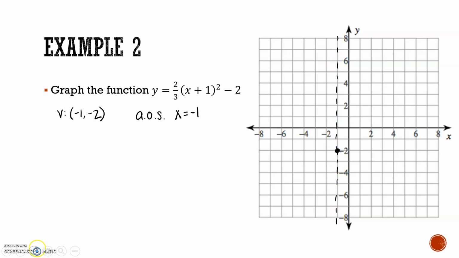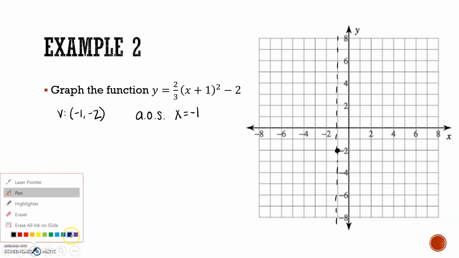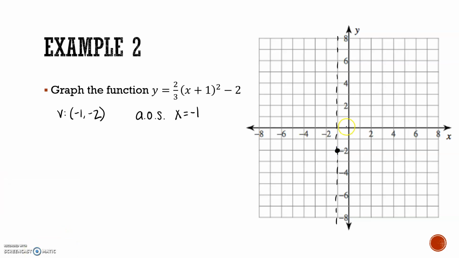All right. Next up, we need to find 2 points. Again, if 0 is an option, I like to pick 0. So I'm going to pick x equals 0. And we get y equals 2/3 times (0 plus 1) squared minus 2. Unfortunately, picking 0 every time doesn't necessarily work the best, because as you can see, we're going to end up with a fraction, which we can do.